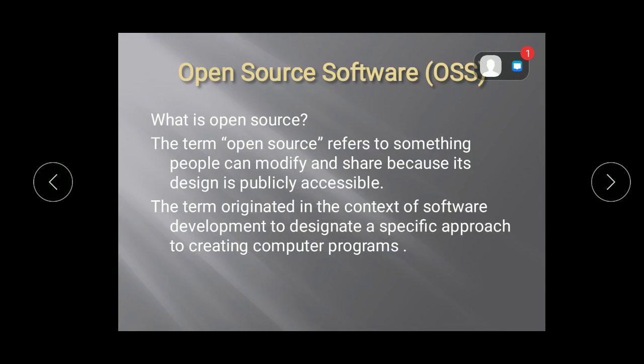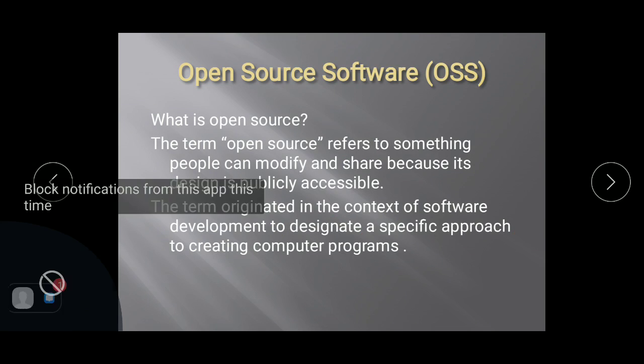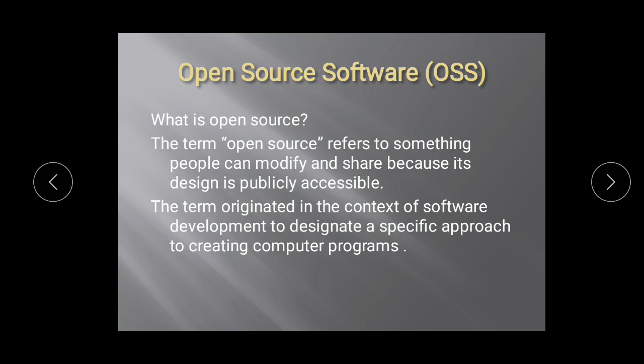So open source software is such software. But first, what is open source actually? We'll not move on to open source software yet; we'll just check what is open source. Open source means somebody can download it, make changes to it, and share it as it is publicly accessible.